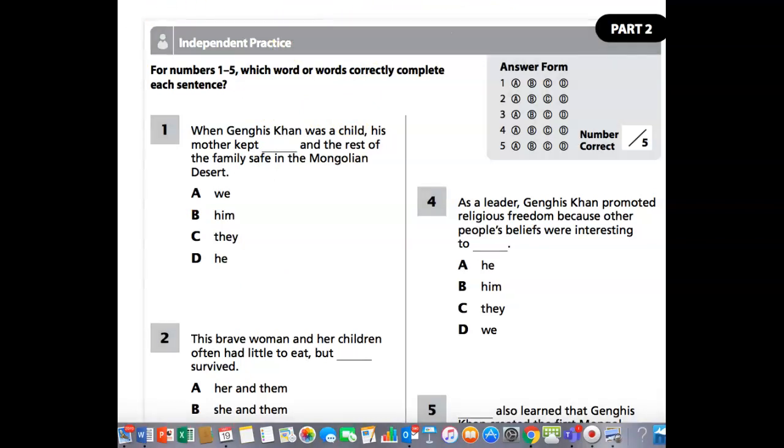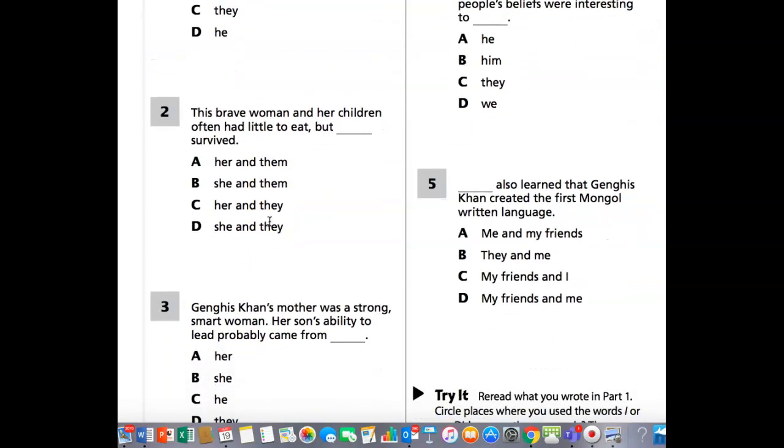Okay, so it says, this brave woman and her children often had little to eat, but her and them survived, she and them survived, her and they survived, she and they survived. One thing that I often do to help me with this is if you take out part of it, it'll make more sense.